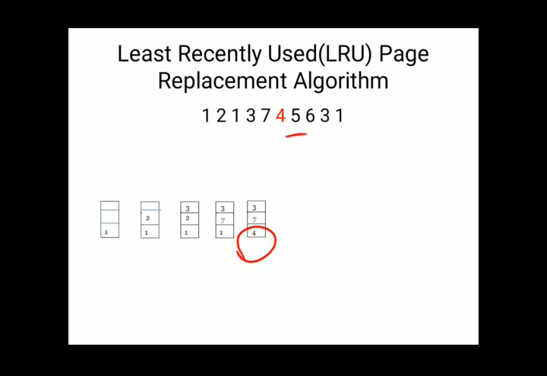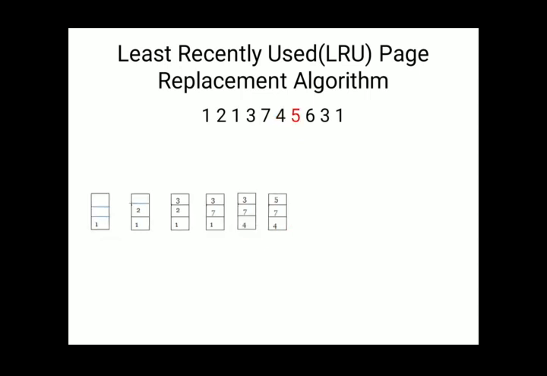Now the next element is 5. We just inserted 4, before that we inserted 7, but before both of these we had inserted 3. So which element do we replace now? 3 with the 5. So 3 is to be replaced with the 5. Next element is 6.